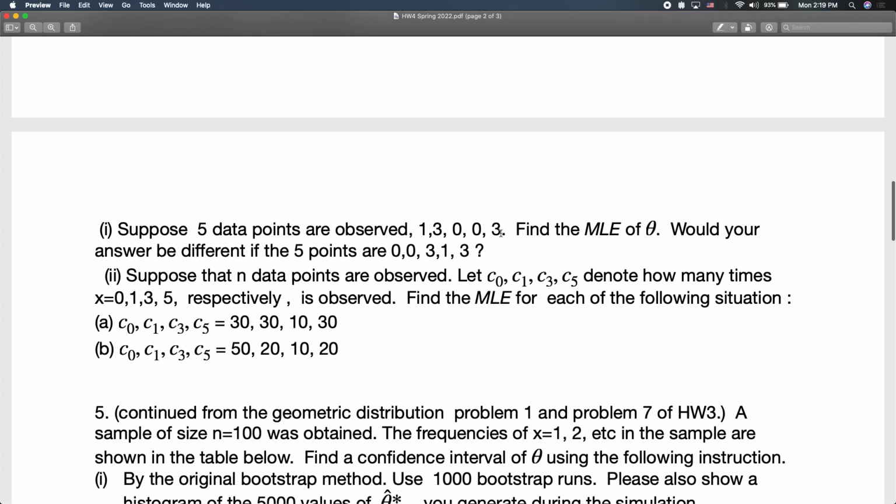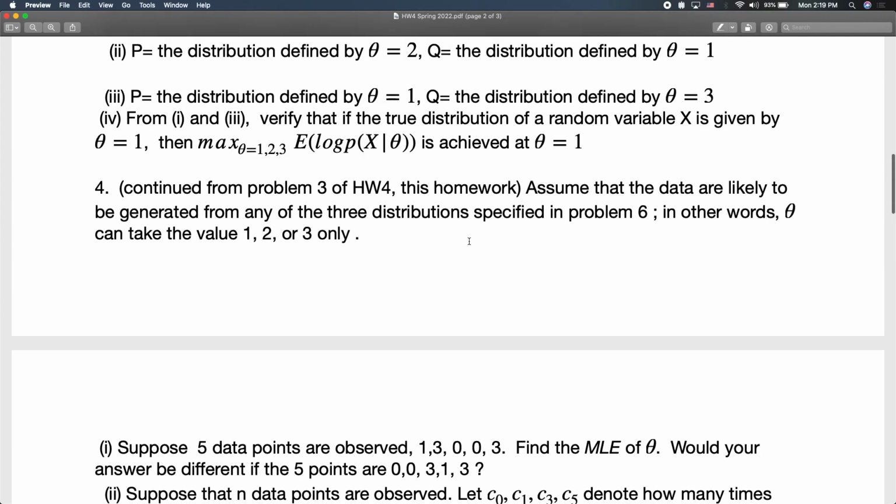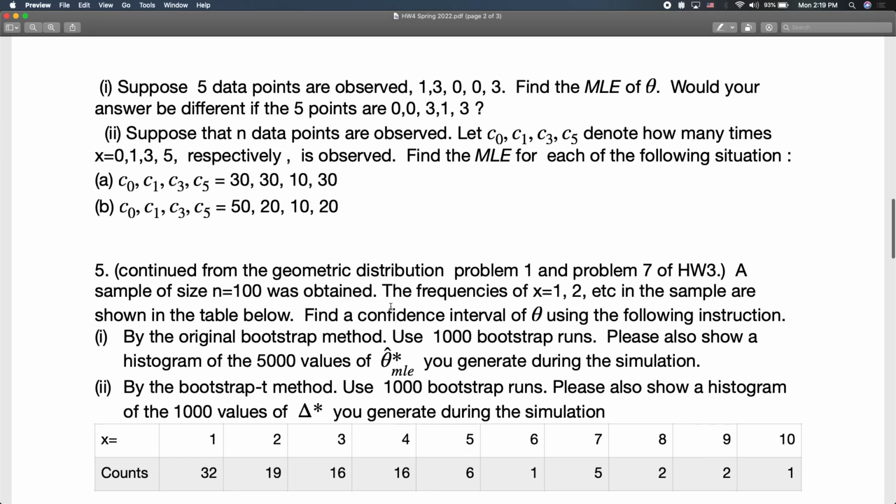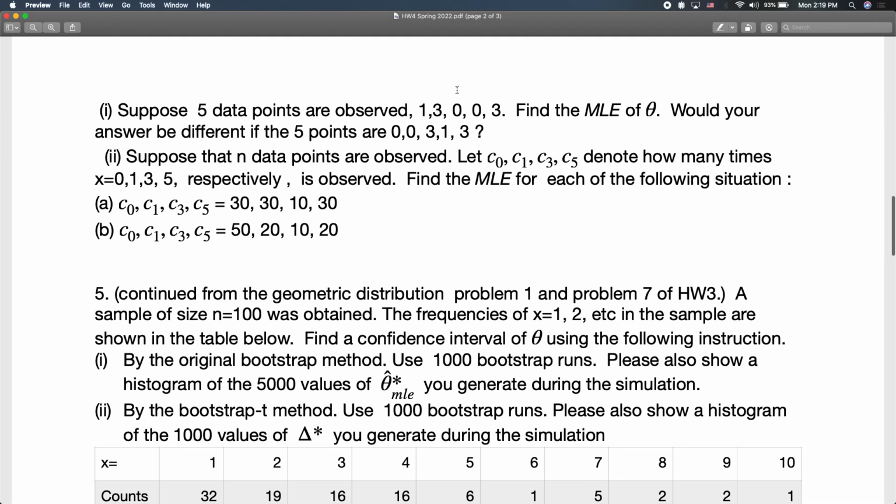So we have one occurrence for 1, and then two occurrences for 3. And then we have 2 occurrences for 0, and then 0 occurrences for 5. Because we can only observe 0, 1, 3, and 5, but in the sample, we can observe them multiple times. So in this particular data, we have 1 occurrence of 1, 2 occurrences of 3, 2 occurrences of 0, and 0 occurrences of 5.